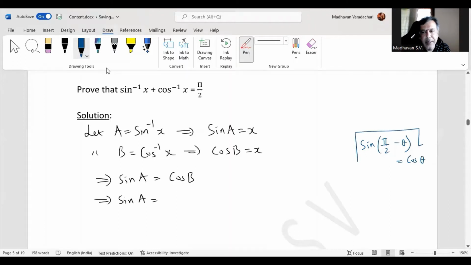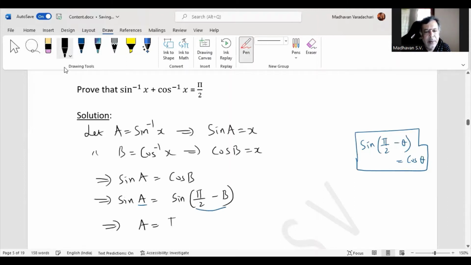So we will apply that on the right hand side of this, which means the right hand side can be rewritten as sine of pi by 2 minus B. So now we can equate this A and this to get A is equal to pi by 2 minus B, which means A plus B is pi by 2.